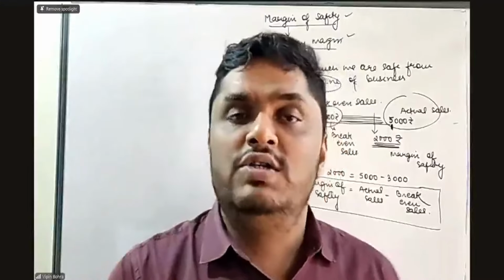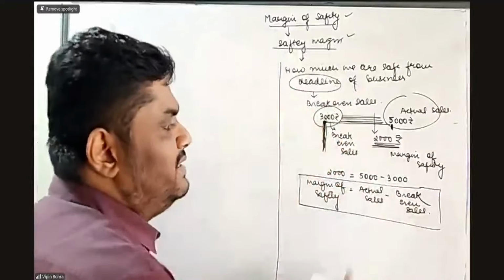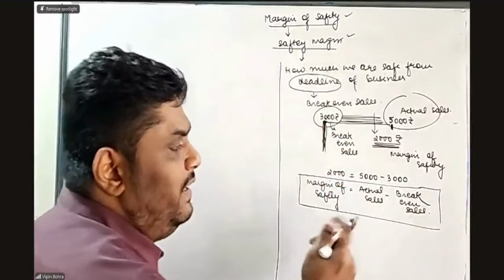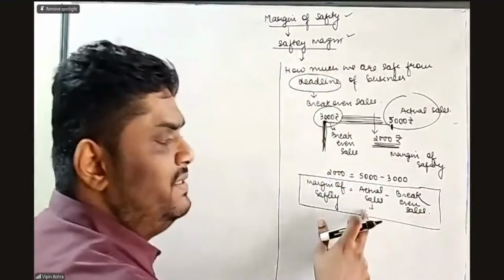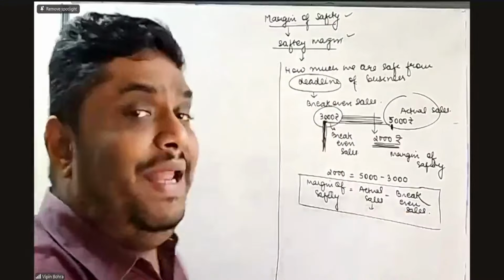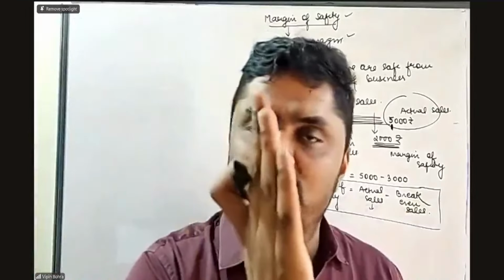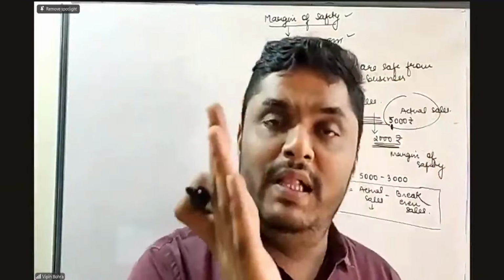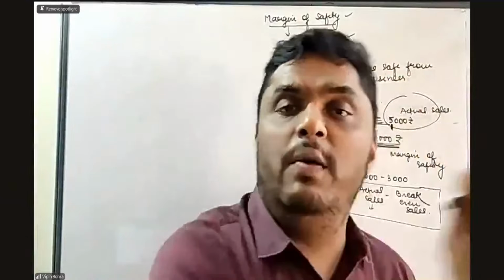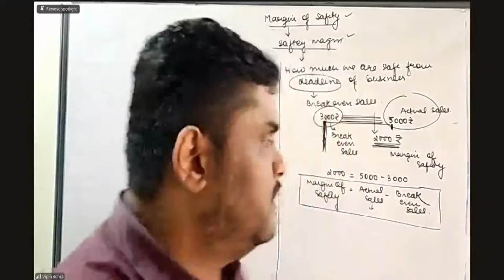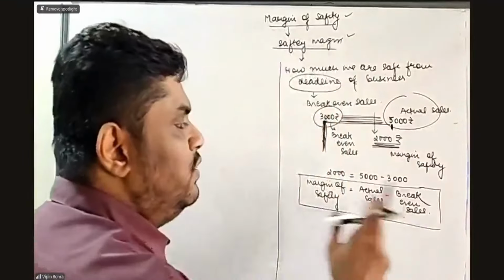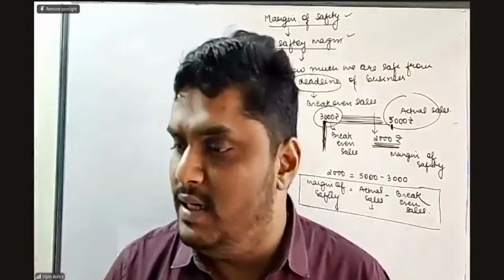So this 2,000 rupees is my margin of safety. The level where I am at present minus the dead point of business; once the sales goes below break-even sales, we will start making loss. So how much safe I am? 2,000 rupees. So that is my margin of safety sales.